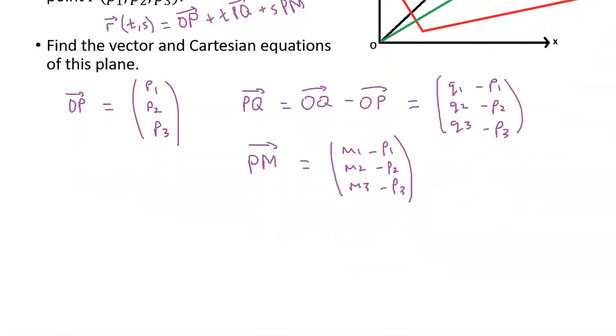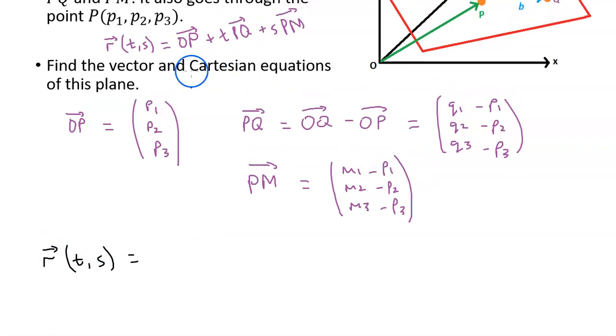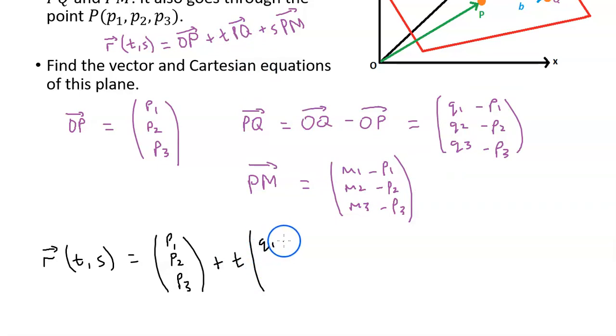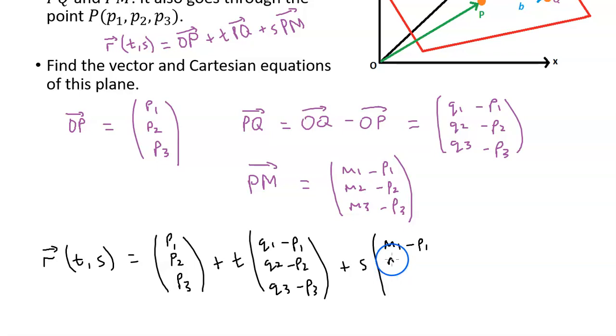Alright, so that means that our vector equation R of T, S is equal to P1, P2, P3, which is OP, plus T times PQ, so Q1 minus P1, Q2 minus P2, Q3 minus P3, plus S times M1 minus P1, M2 minus P2, M3 minus P3.